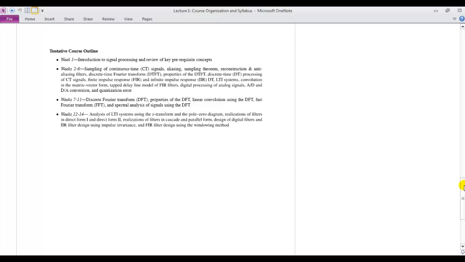At the end of that, we'll probably have our first midterm. Then the next big chunk of the course will be about discrete Fourier transform and its use in terms of analysis, in terms of LTI systems. After that, we'll probably have our second midterm. And then the last 2 or 3 weeks will involve filter design and so forth. And after that, we'll have our final.